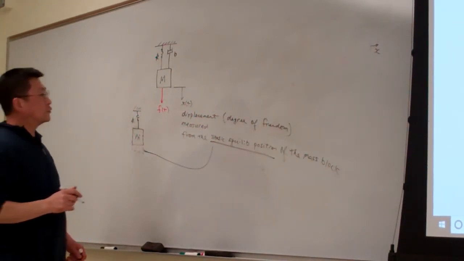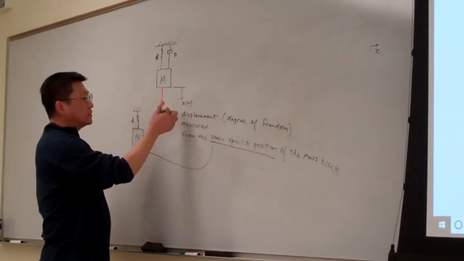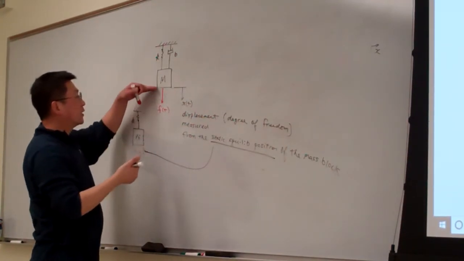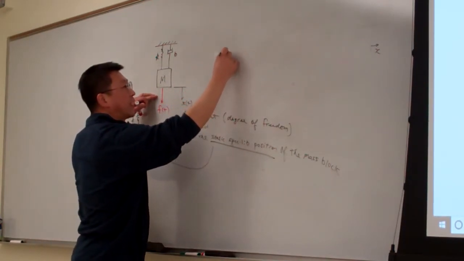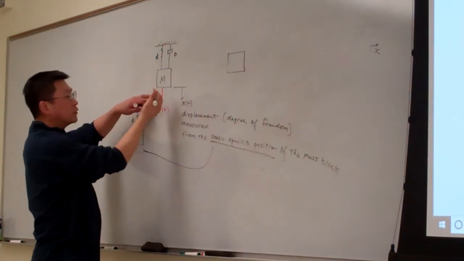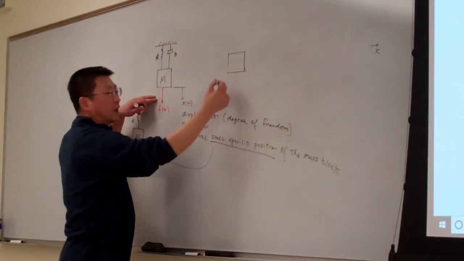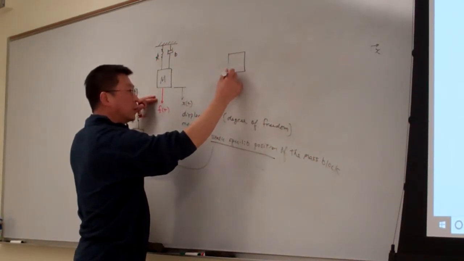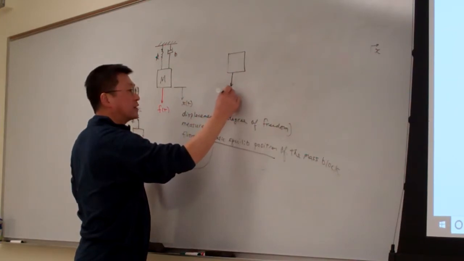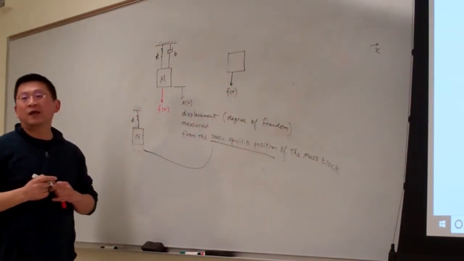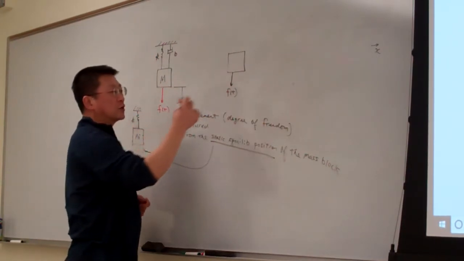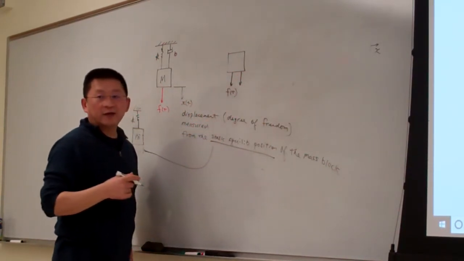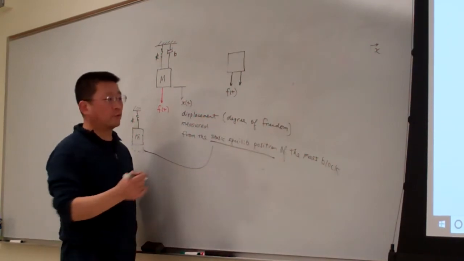From here, say we displace the mass block by x of t, moving down by x, due to the external loading we applied.